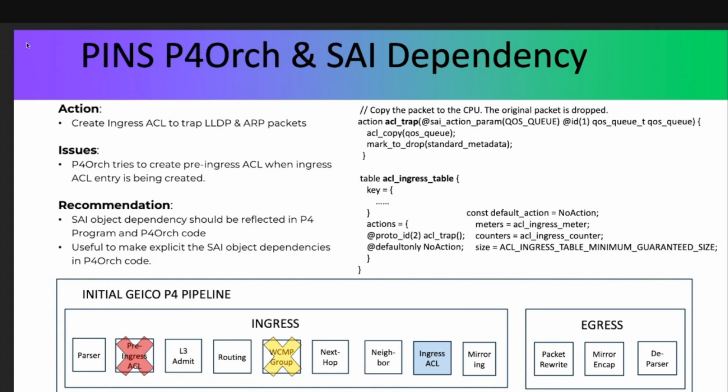It's probably just one instance, but it does highlight the need to represent the right SAI object dependencies in the P4 program as well as the P4 orchagent. At the design level, we feel that should be done, making it explicit. It would also be useful to have explicit SAI object dependency represented in the P4 orchagent to make it more strict.